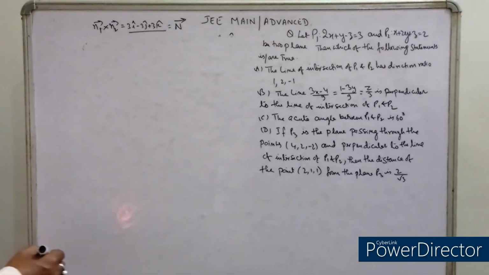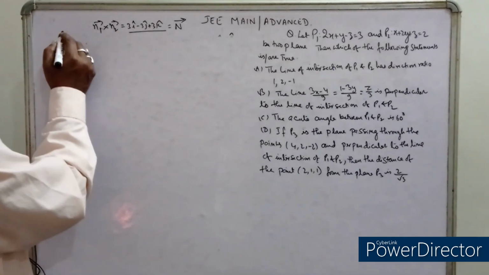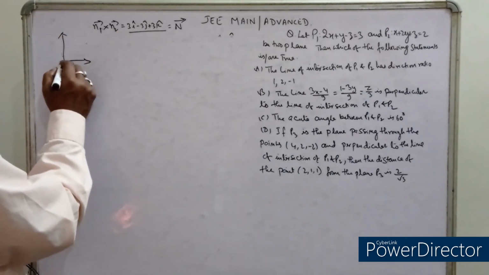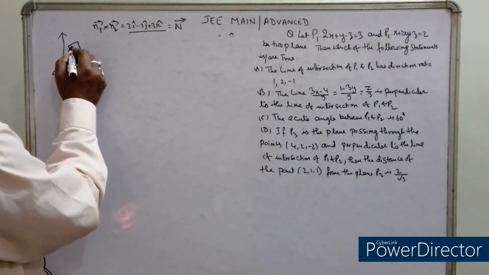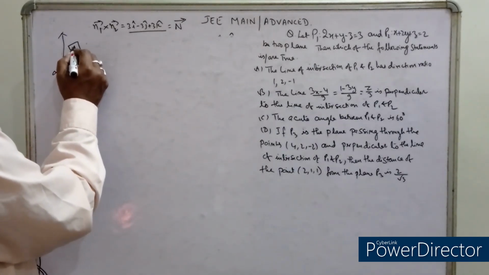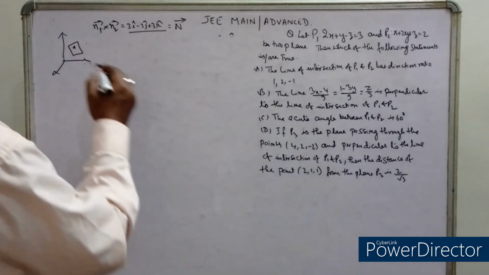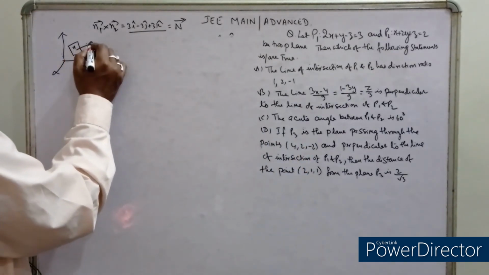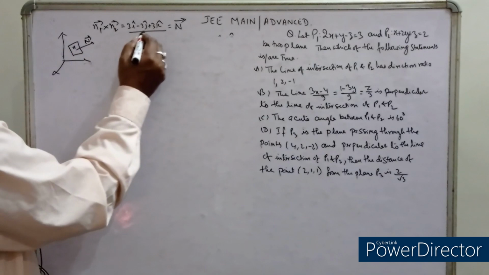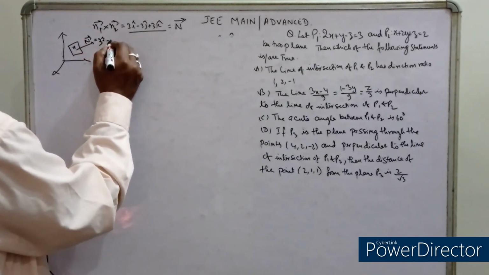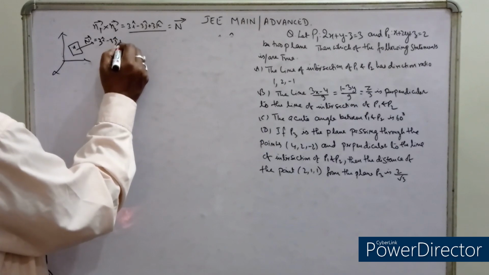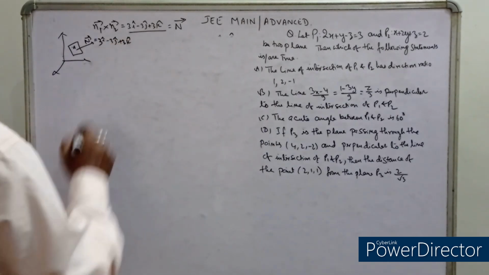Your figure is somewhat like this. This is the plane, and this is the point, that is (4, 2, minus 2), and this is the normal vector, 3 i cap minus 3 j cap plus 3 k cap.